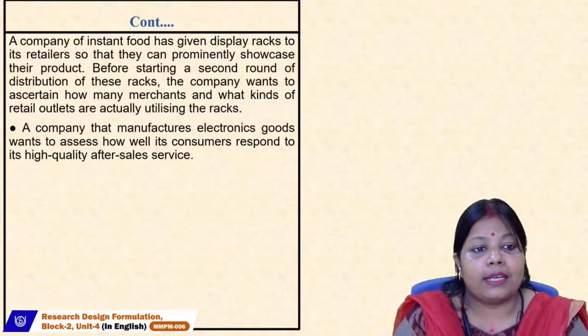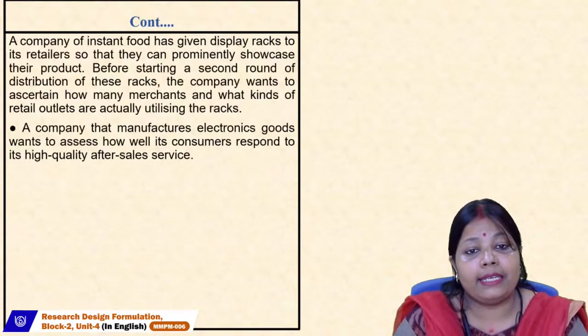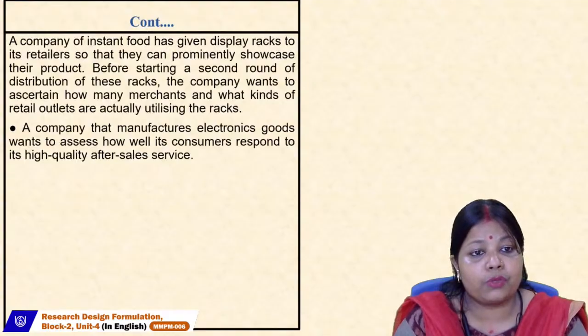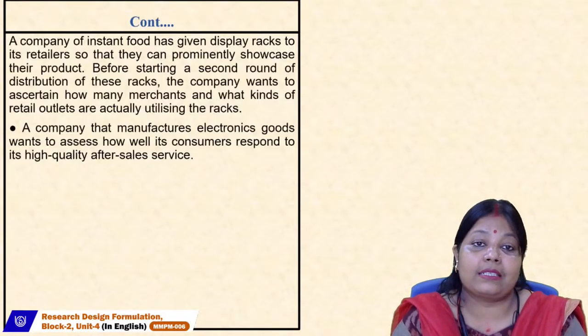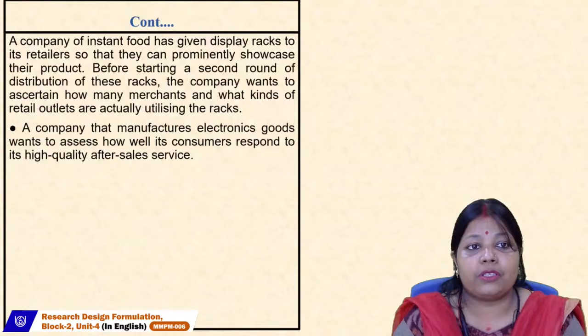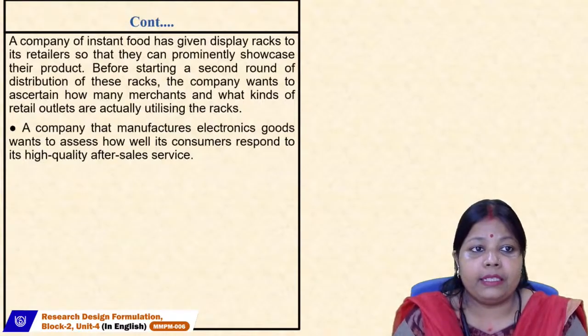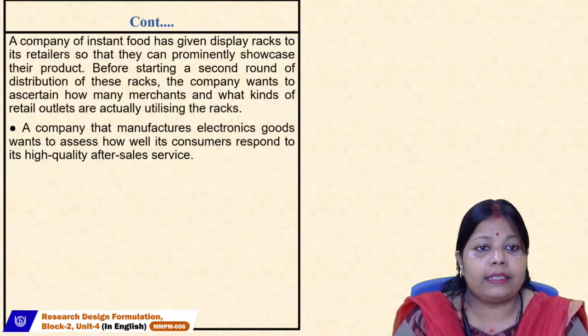In another case, a company that manufactures electronics goods wants to assess how well its consumers respond to its high quality after sale service. So in this situation, the company will collect the data one time. So these are the situations which come under cross-sectional research design.